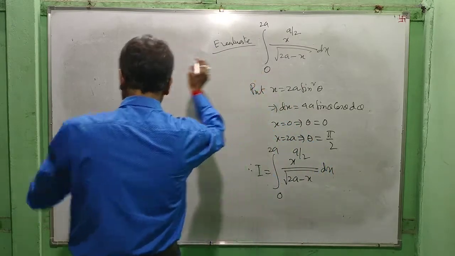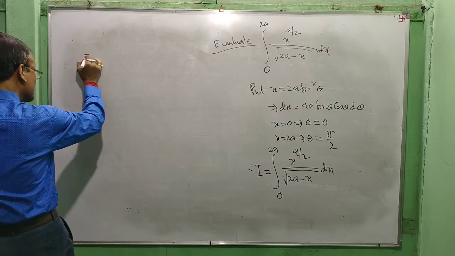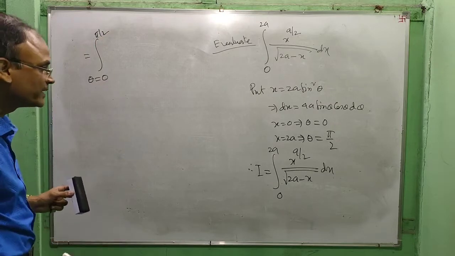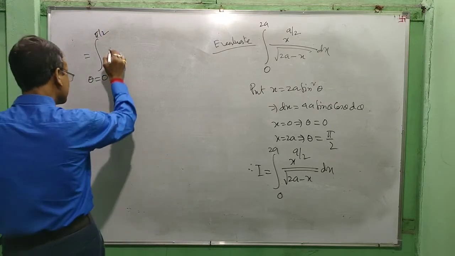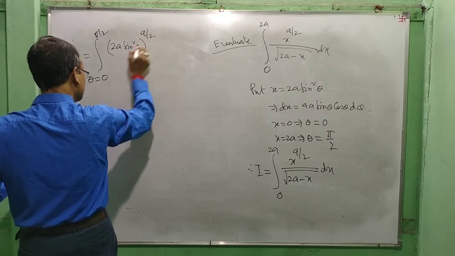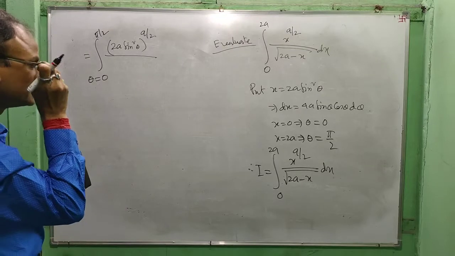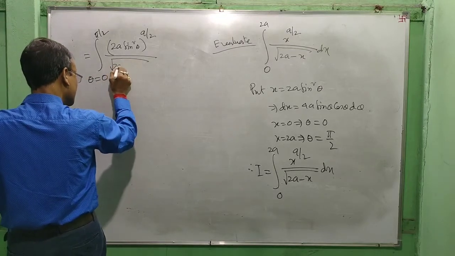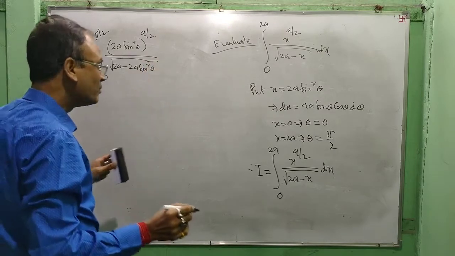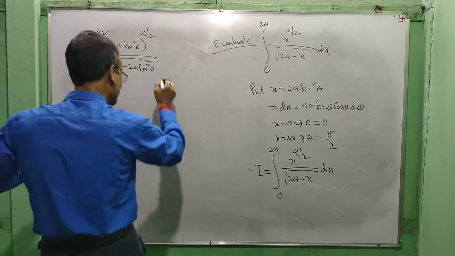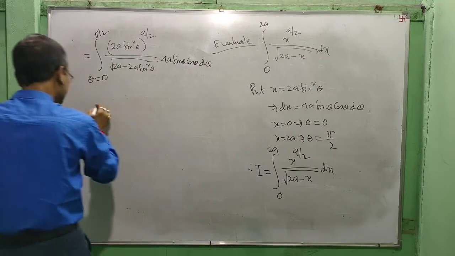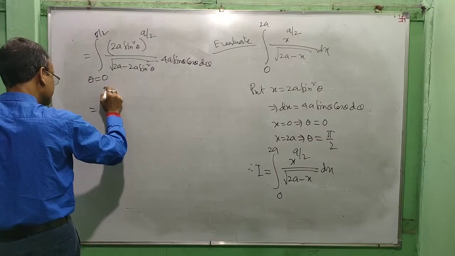This is equal to the integration from theta equal to 0 to pi by 2 of twice a sine square theta whole to the power 9 by 2 divided by root over twice a minus twice a sine square theta, and for dx, 4a sine theta cos theta d theta.